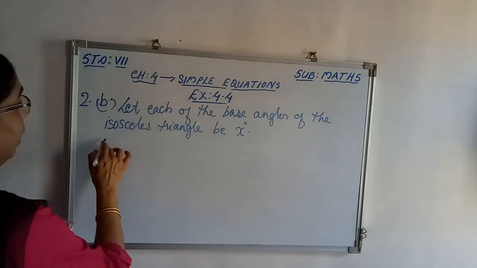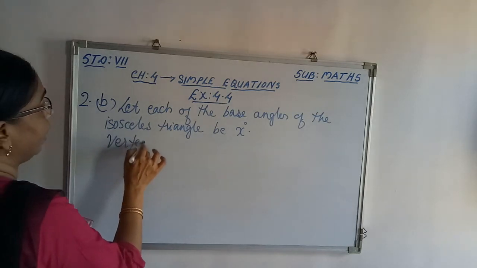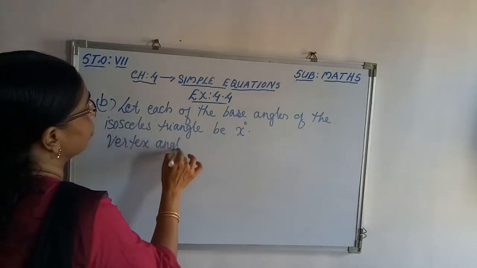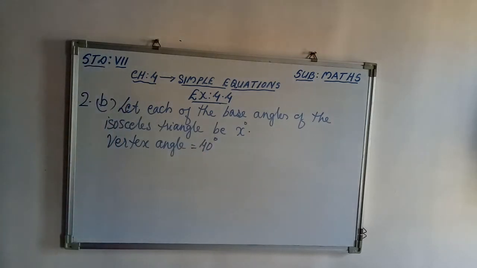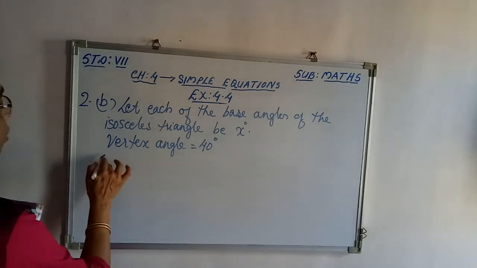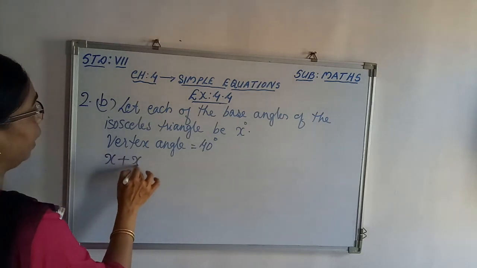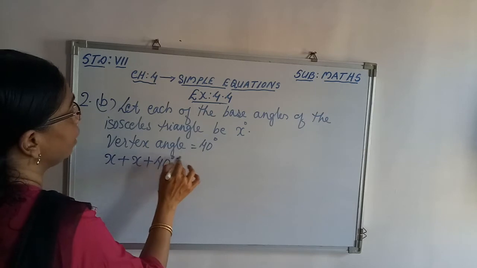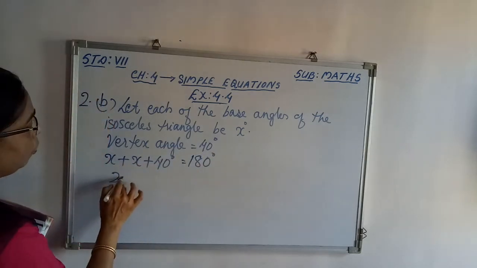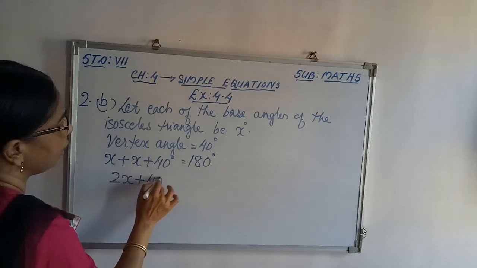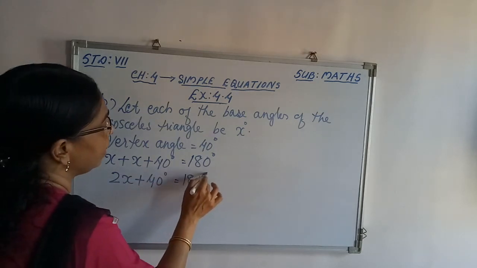But what is the vertex angle given? Vertex angle is equal to 40 degrees. Now, the sum of the three angles of a triangle is 180 degrees. So x plus x plus 40 degrees, that is 2x plus 40 degrees, is equal to 180 degrees.